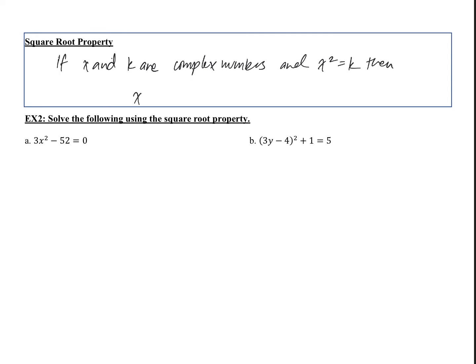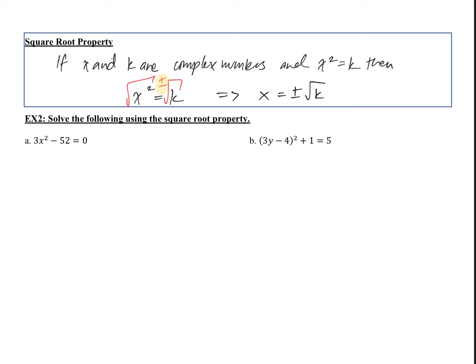Then if we have x squared equals k, we can go ahead and take the square root of both sides. And when we do that, we need to do a plus or a minus. So we get that x equals plus or minus the square root of k.